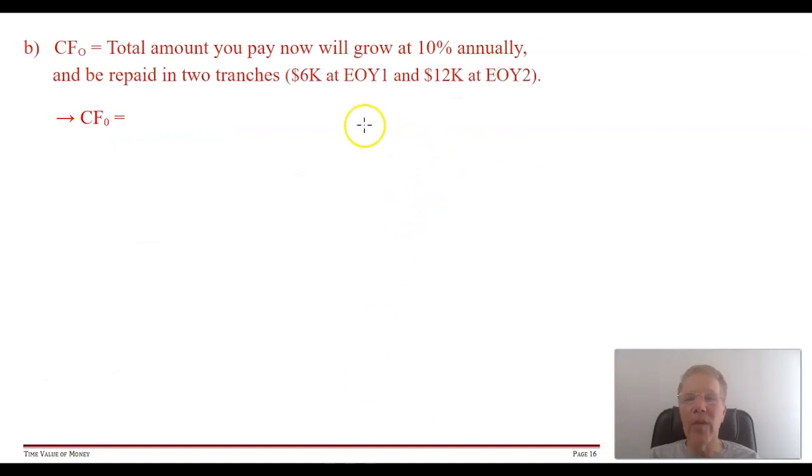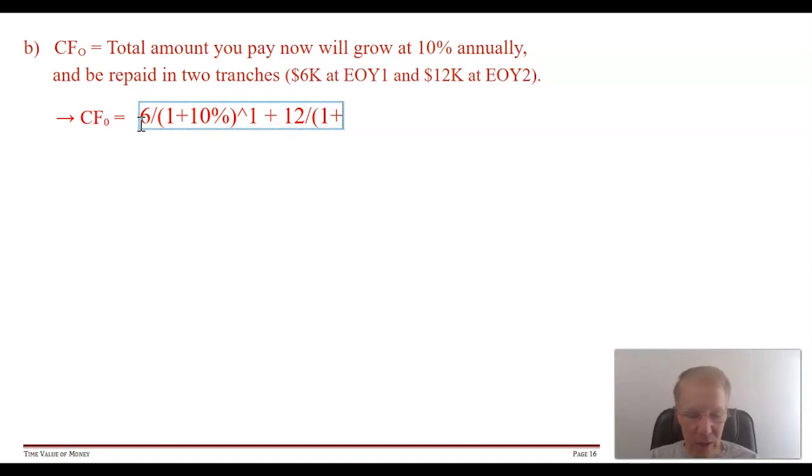What's our total amount we pay now? Ignore that wording. Let's just figure it out. So CF0 is, we're going to take that 6K and divide by 1 plus the interest rate on this deal, 10%, discounted back by 1 year, plus that 12K, which gets discounted back by 2 years.